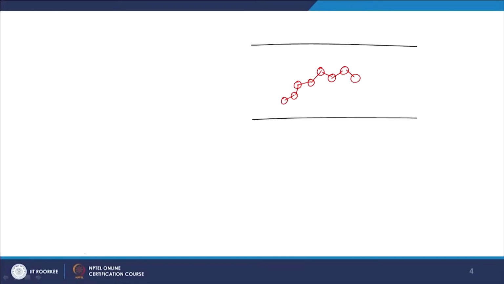That is to say that if I now look at a polymer chain, and we can think of any model, but let us say we think about a bead spring model, then we have beads connected by springs, and all these beads are surrounded by water molecules, and they are all undergoing some sort of Brownian motion, right.